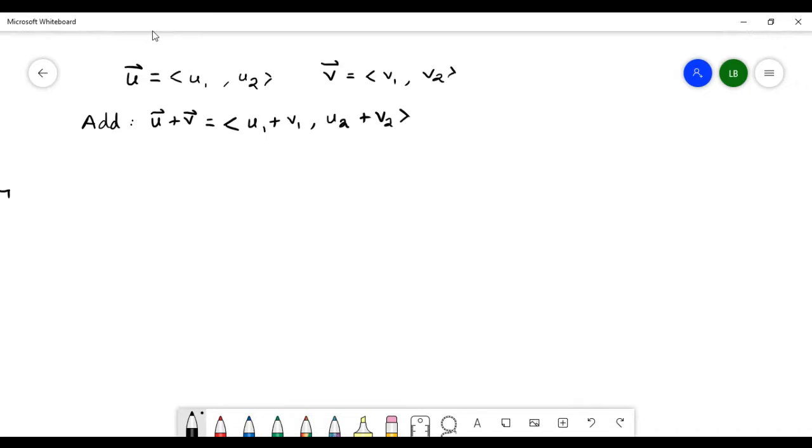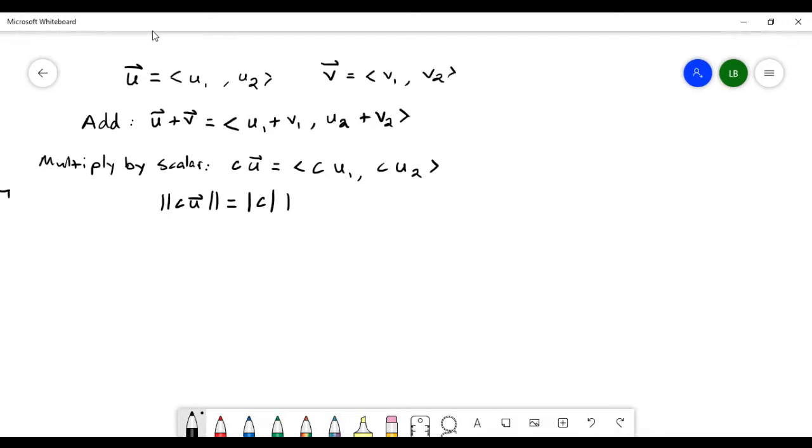We can also multiply by a scalar. So if c is just some constant, then c times u would be c times u1, c times u2. A couple of important things: if we take the magnitude of the vector cu, that would just be the absolute value of c times the magnitude.